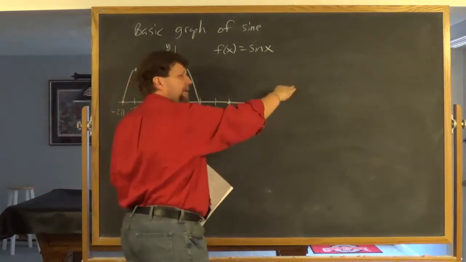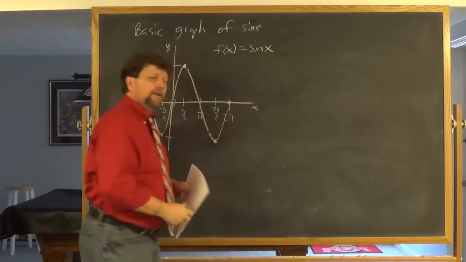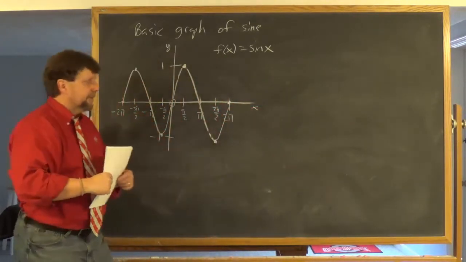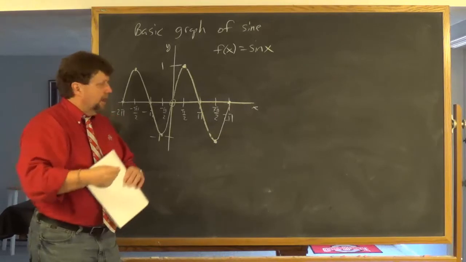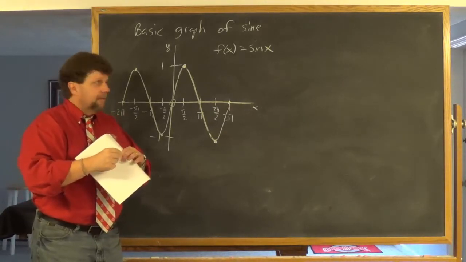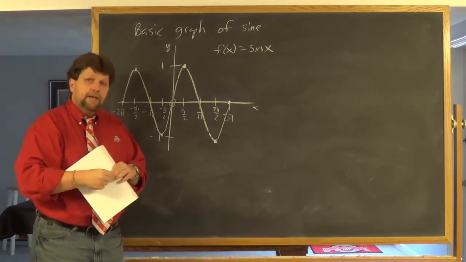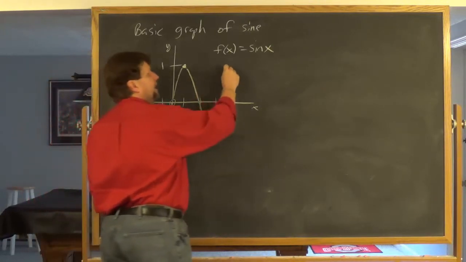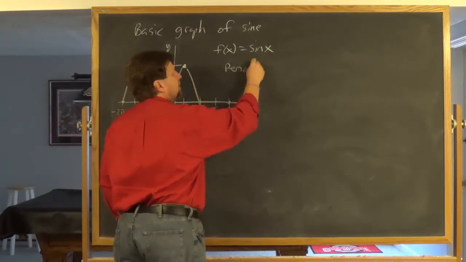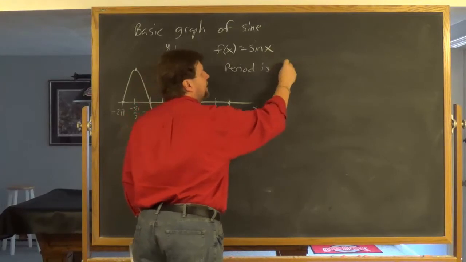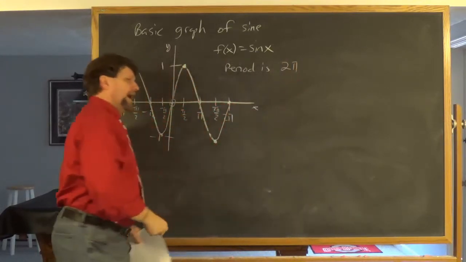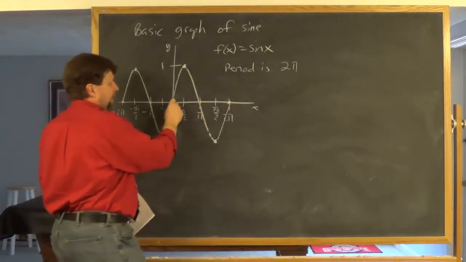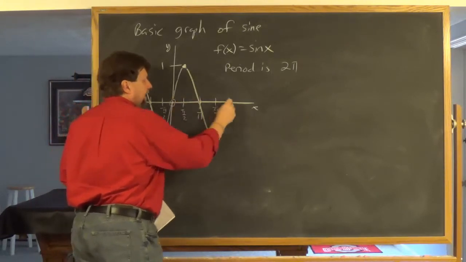And then it would be repeated again, etc., as I would do more periods. For this reason, you will see that the period of the basic graph of sine x is 2 pi, from here to here.